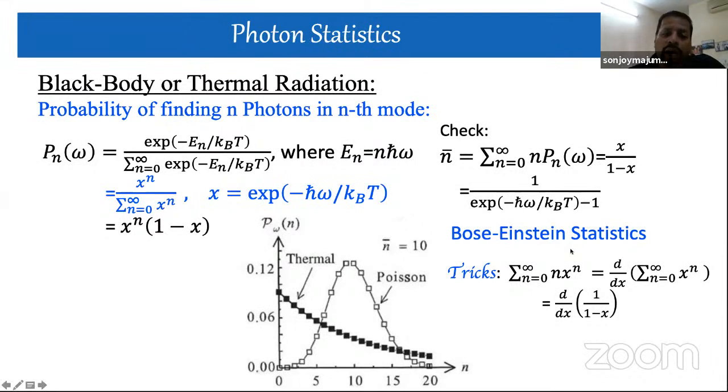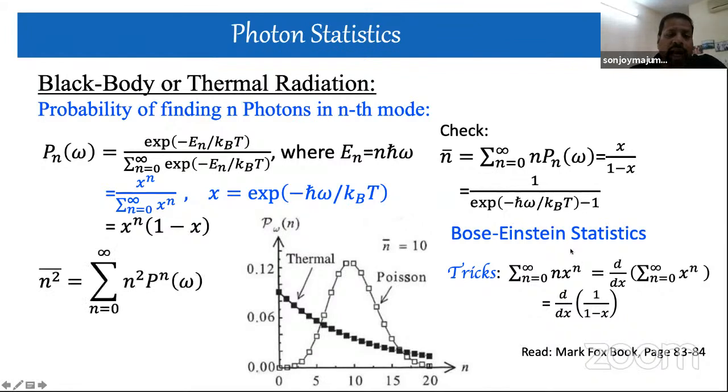Now, once we have understood the mean value, if you want to calculate the variance, you first have to calculate the mean value of n squared. That means you multiply n squared with your number distribution and sum over all the modes.